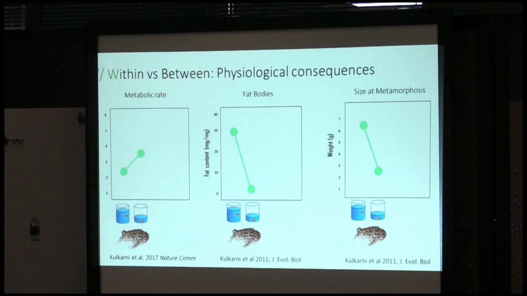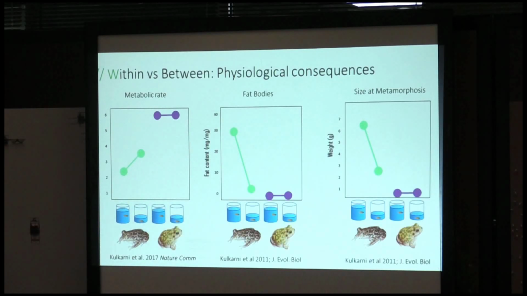Similarly, we also know a lot about the physiology and the physiological consequences of this environmental treatment. For example, in Pelobates, we see an increase in the metabolic rates in response to pond drying. They use up all the fat reserves that they have, and they also metamorphose as smaller individuals as a response to this accelerated development.